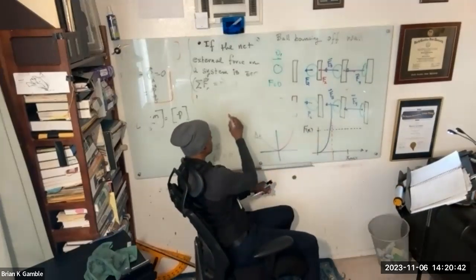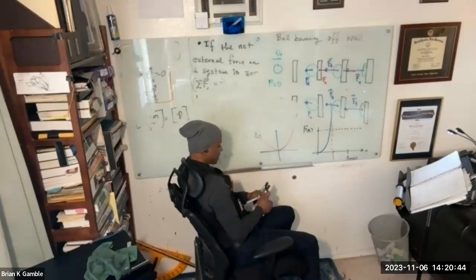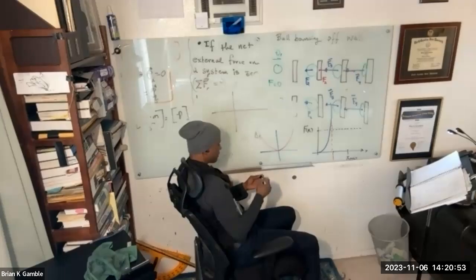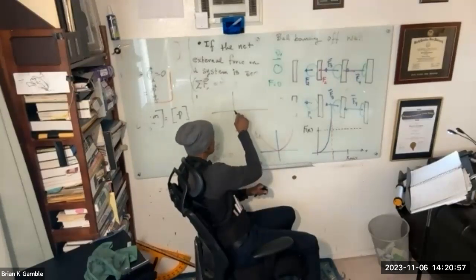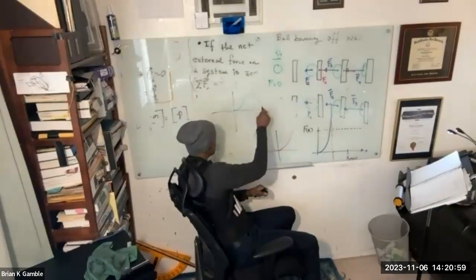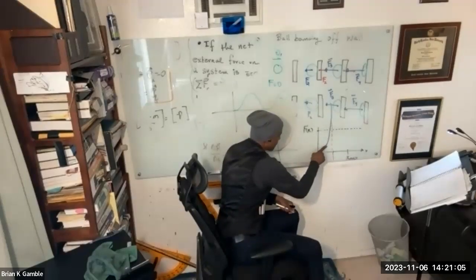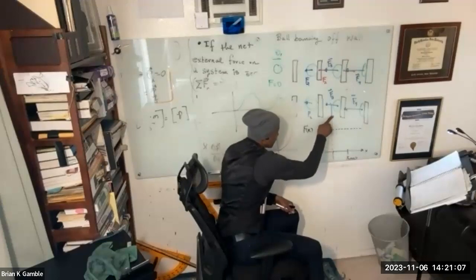Sinusoidal is something like this. You said two separate things. I meant sinusoidal, not parabolic. Okay, that's better. Sinusoidal is something like this, right? And so that's actually a little bit better.